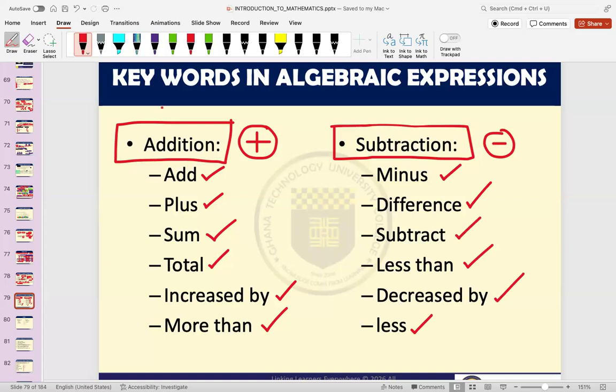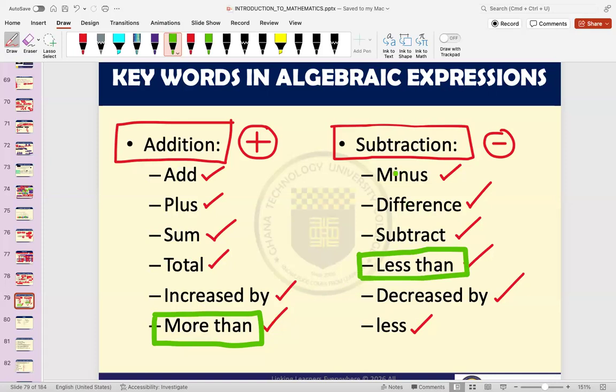And this morning we have seen two of them already. In the example we did, we saw more than in the question whereby they said 3 more than. And then we've also seen less than. The last question we saw as 15 less than. So these are not the only words that you should expect.